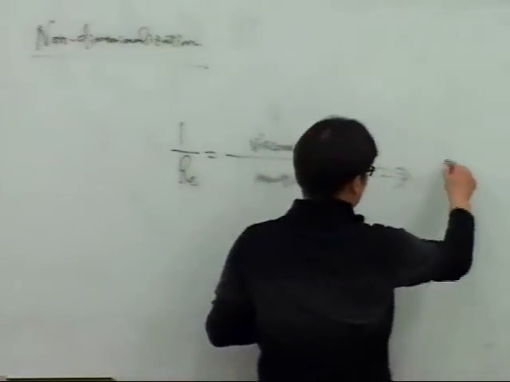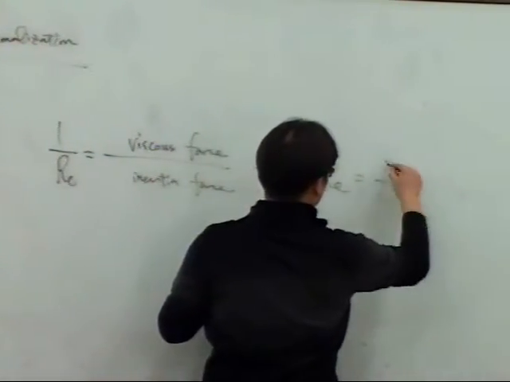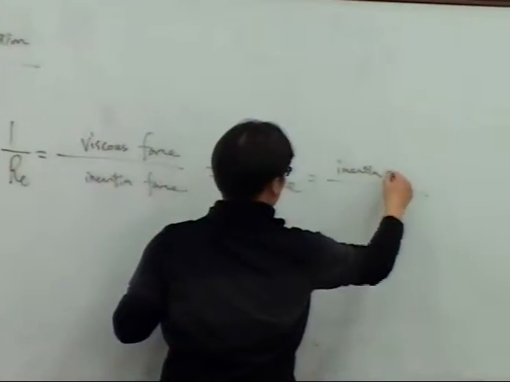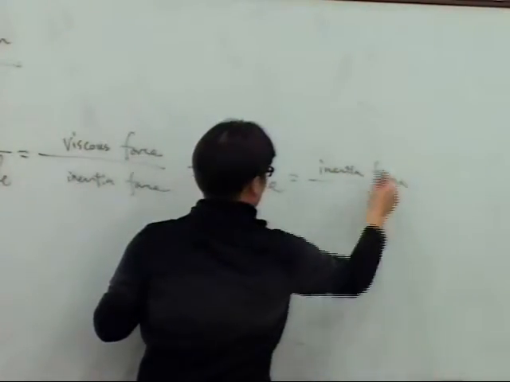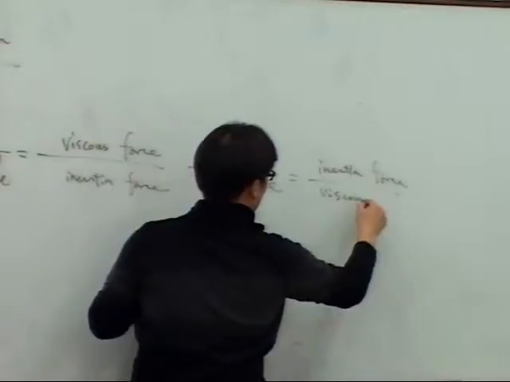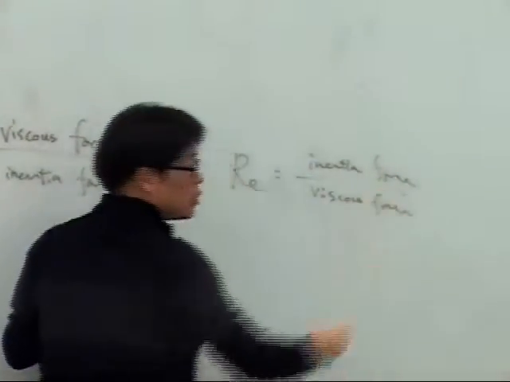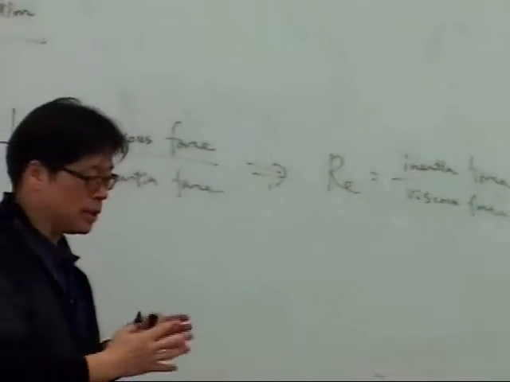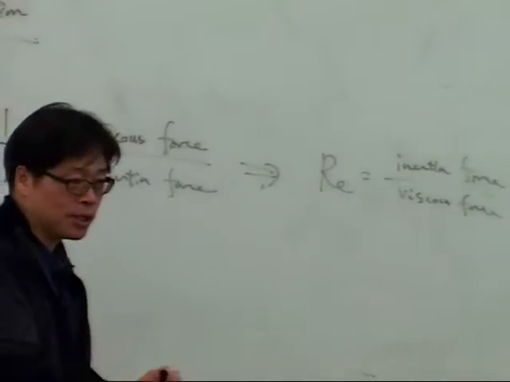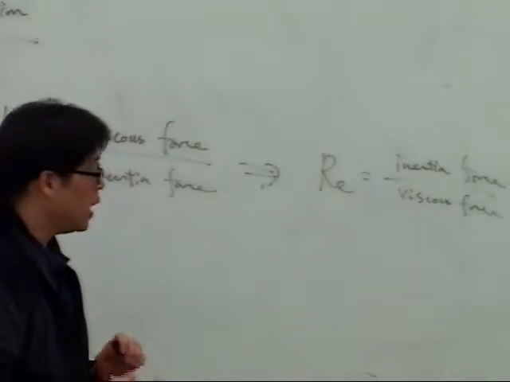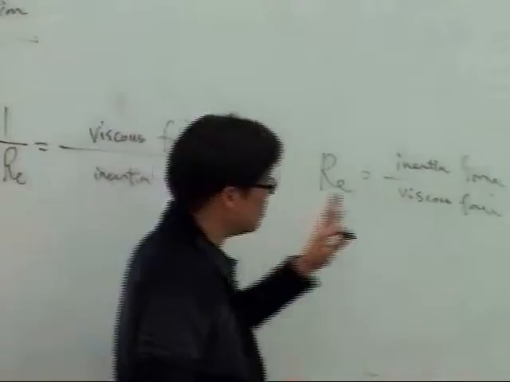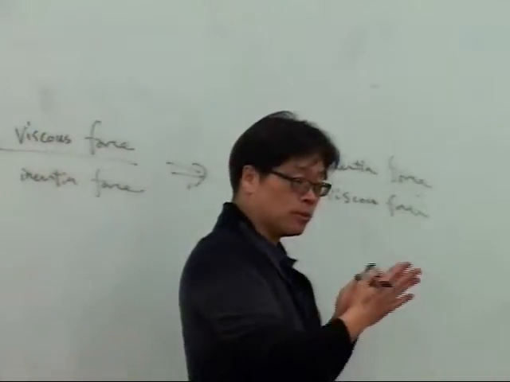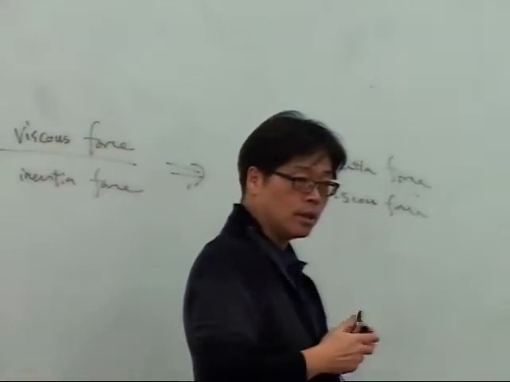So this guy tells us Reynolds number is inertial force divided by viscous force. It is inertial force because it is from mass times acceleration. Okay? And this is a viscous force because it's a viscous surface force through friction.